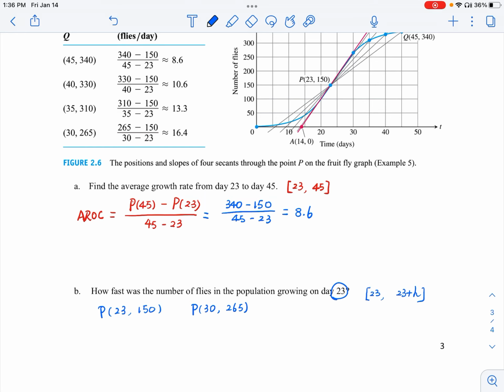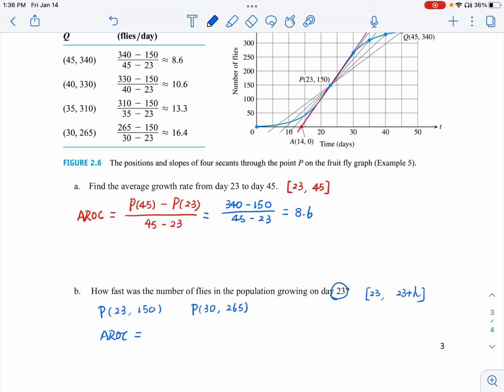If we have another point which is closer to 23, that would be even better. But for all the information we have here, we can see day 30 is the closest point. So we use the data for day 30. Then we find the average rate of change.